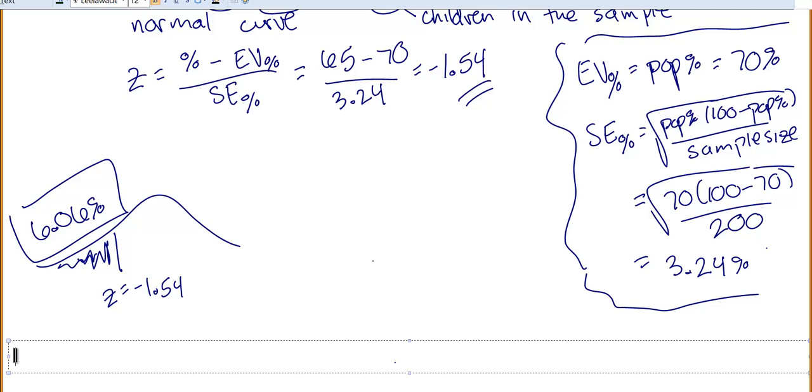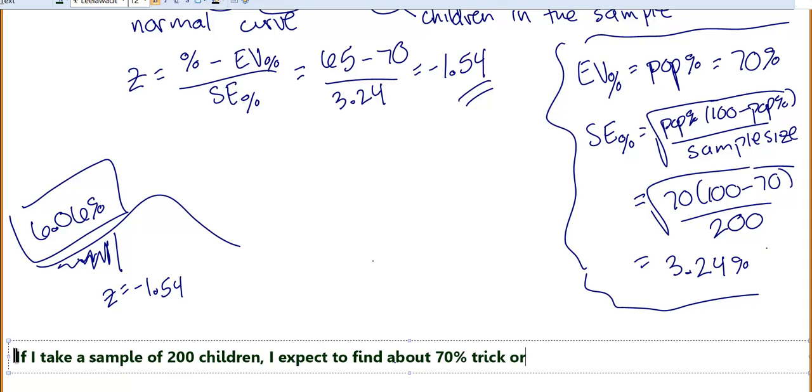So let's do a little interpretation of everything that we learned in this problem. First, for the expected value and standard error, I could say, if I take a sample of 200 children, I expect to find about 70% trick or treat, give or take 3.24%. So that's what your expected value and standard error tell you.